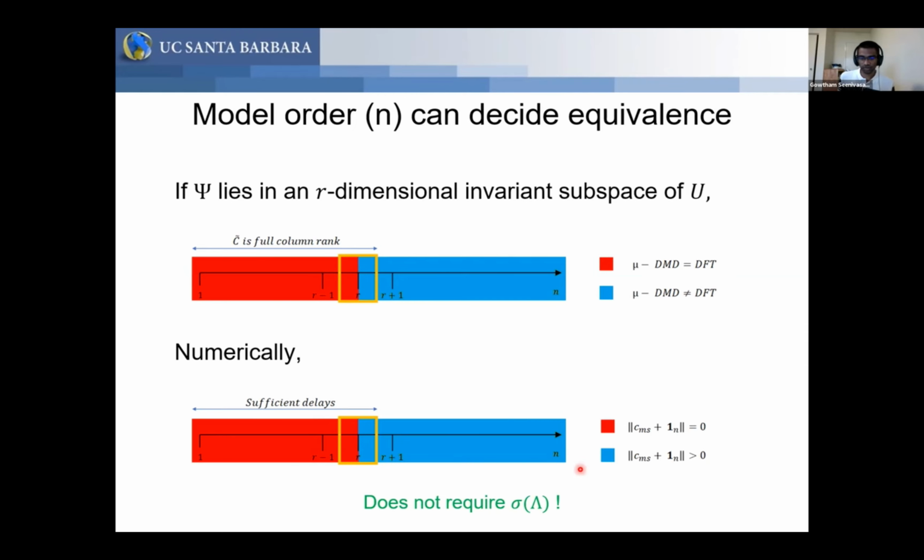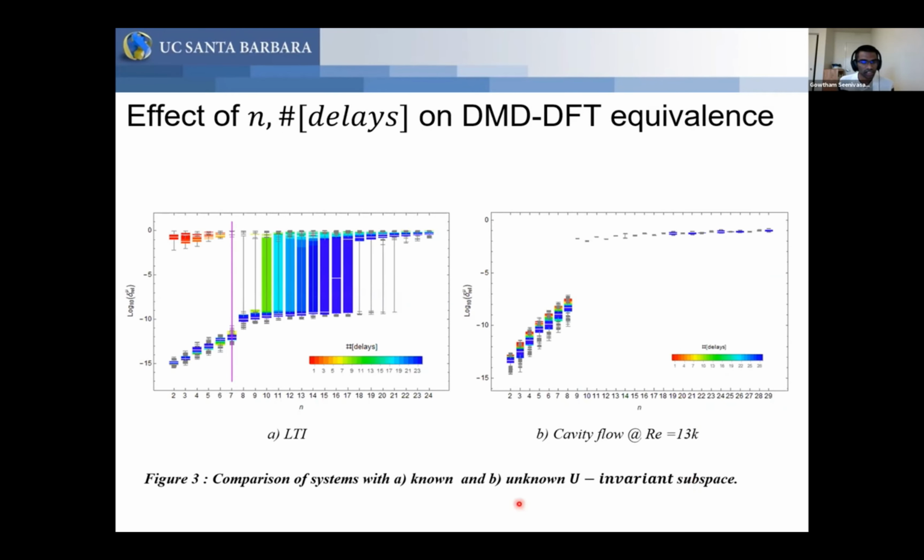You can just compute all these quantities with just the time series. And so here's the same analysis repeated for simple systems. On the x-axis, again, you have small n, and on the y-axis, you have the numerical indicator from the previous page on a log scale.